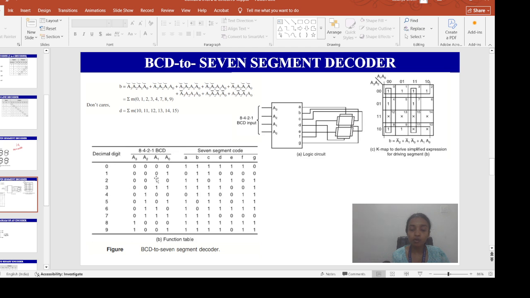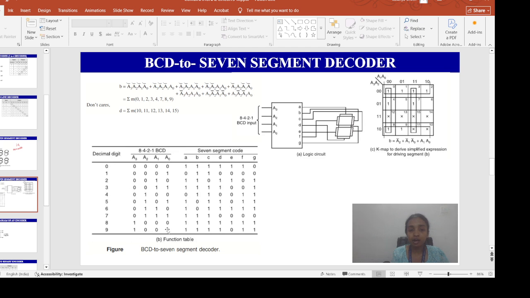In column A1 there are 2 zeros. In column A0 there is 1 zero. After that 1 is starting. Now why is it called 8421 code? Because of their weight.